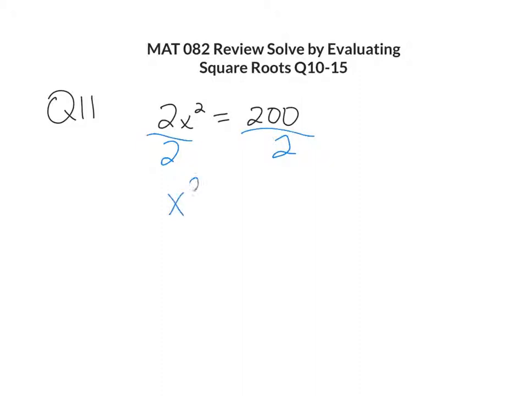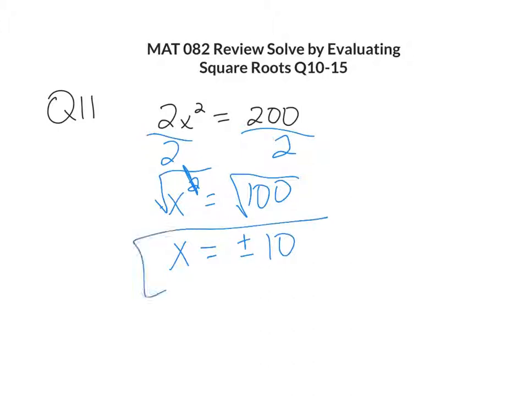That leaves you with x squared equals 100. Now that term with the exponent of 2 is by itself, so now I can take the square root to cancel it out. And I get x equals 10 times 10 is 100, and negative 10 times negative 10 is 100. So we're going to put positive and negative 10. And this time this is our answer because we don't have anything left over there with x.